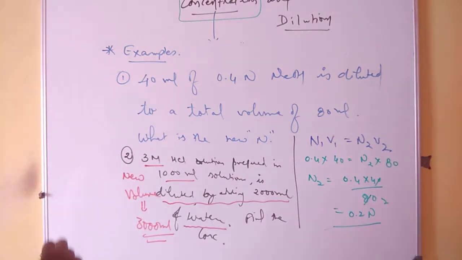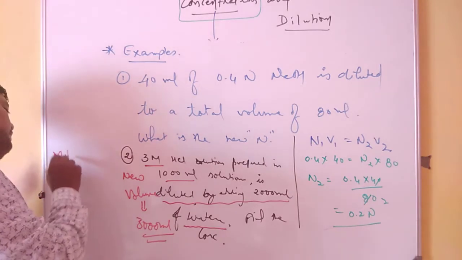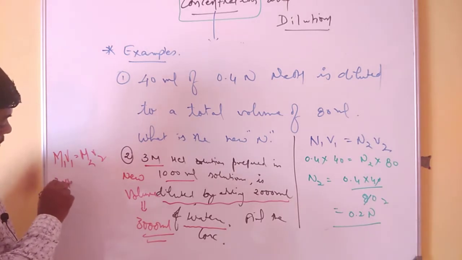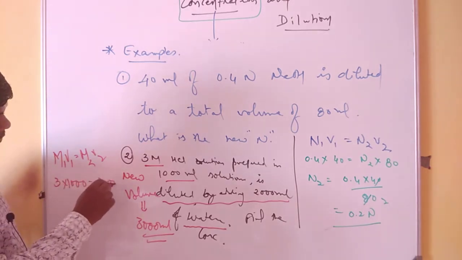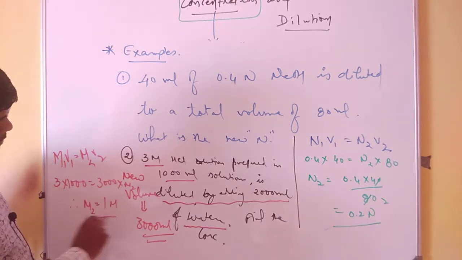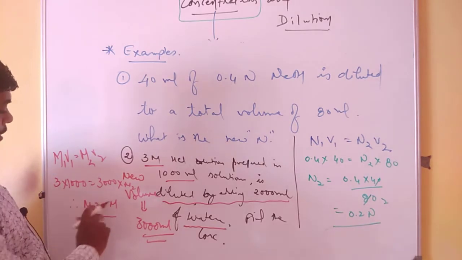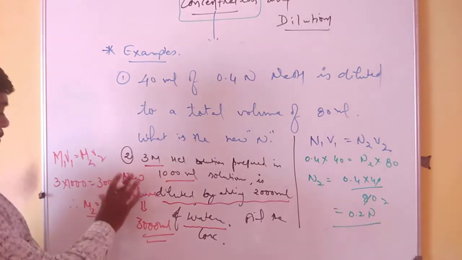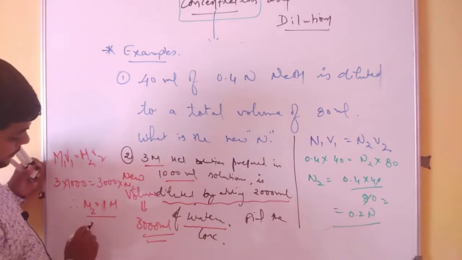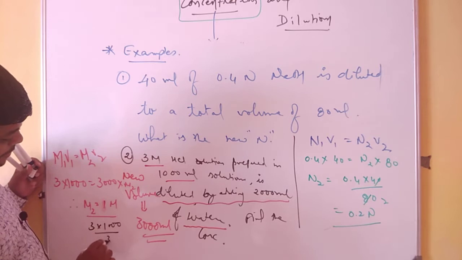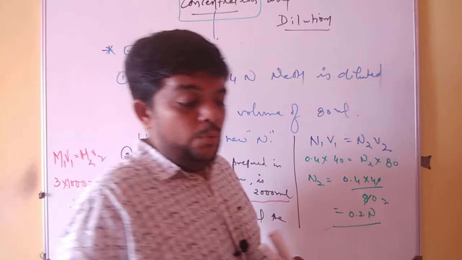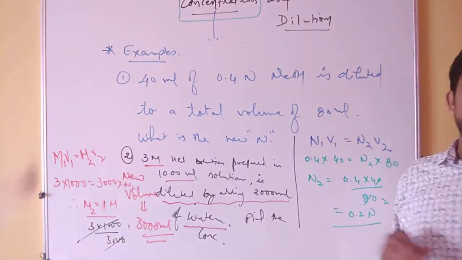Therefore, I will always write M1V1 is equal to M2V2. So it will be 3 into 1000 is equal to 3000 into M2, and therefore M2 is 1 molar. Why 1 molar? Because it will be 3 into 1000 divided by 3000. So friends, this is how we always focus on the dilution concept.